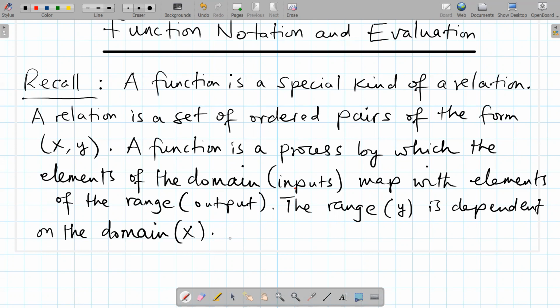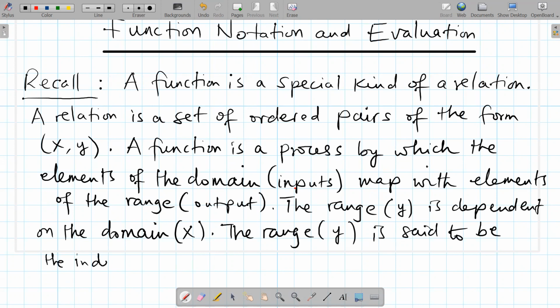And so we have a name for that. So the range, which is y, is said to be the dependent variable, because it depends on the domain.